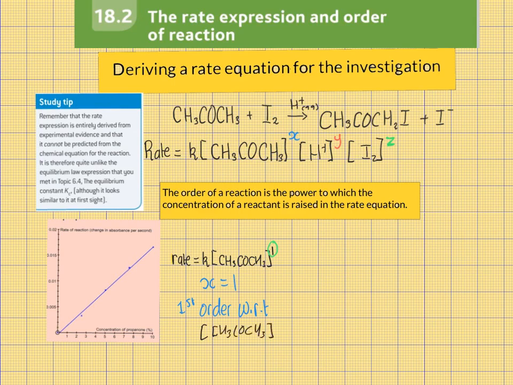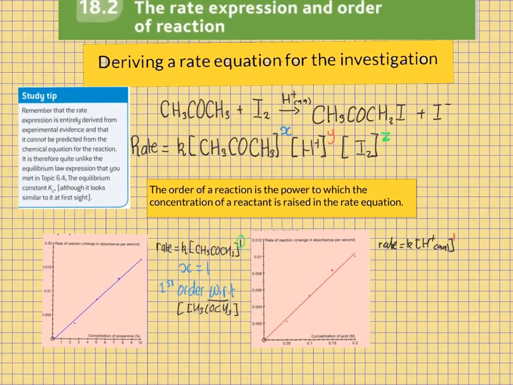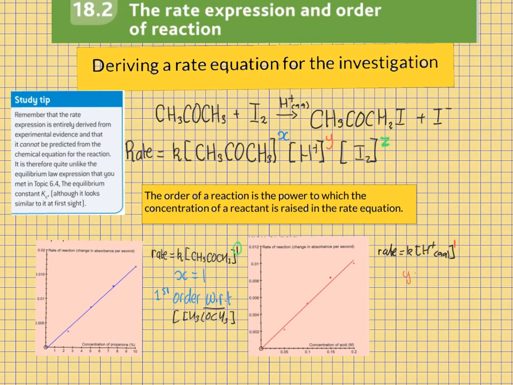So WRT is with respect to. Again, when we varied the concentration of hydrogen ions, we found we also got a straight line. It was directly proportional, and therefore the power with respect to the concentration of hydrogen ions is 1, and therefore we can now say that y equals 1. Or we can say it's first order with respect to, WRT, the concentration of hydrogen ions.